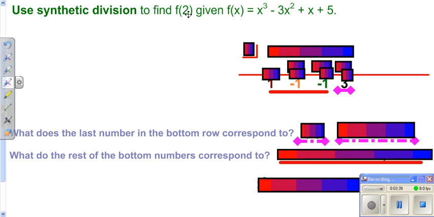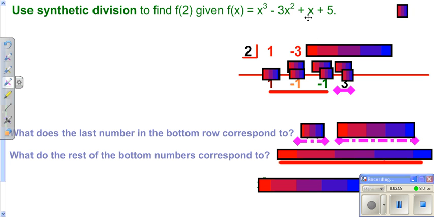Whatever's in your parentheses here, that tells you what to put in your half box. Yes, we have a half box, but it's a different half box than we had before. What goes after your half box to the right is just the coefficients of your function: the 1, the negative 3, the 1 in front of your x, and just your 5.